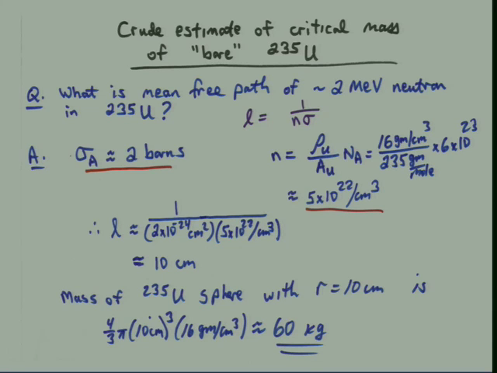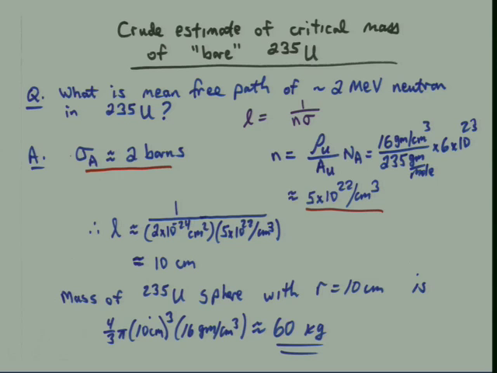So I multiply v over c times c and, rounding off again, I get 20 times 10 to the 8th centimeters per second. This is my v: 2 times 10 to the 9th centimeters per second.